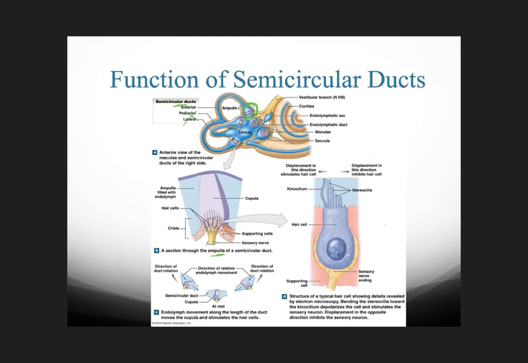Or if you stimulate your posterior, then you're going to be inhibiting your anterior and lateral. And by stimulating one and inhibiting the others, it's going to give you your equilibrium, because it's going to give you where you are at that specific time. And this is what gives you your equilibrium.